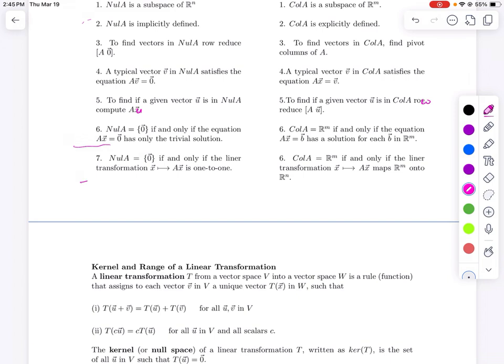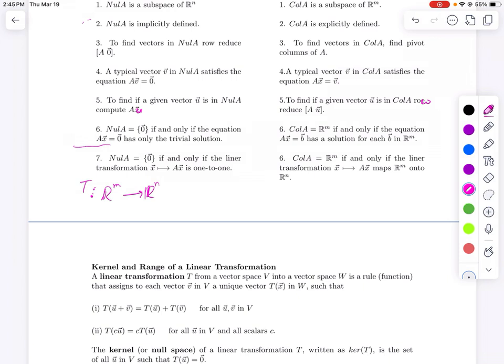The type of transformation that we have seen is from R^m to R^n.